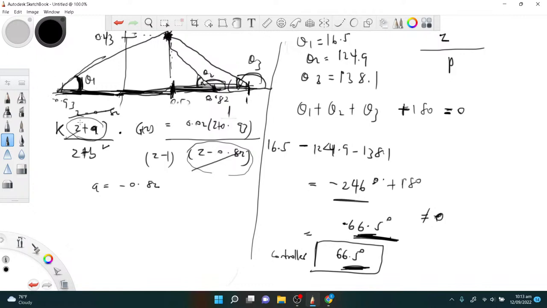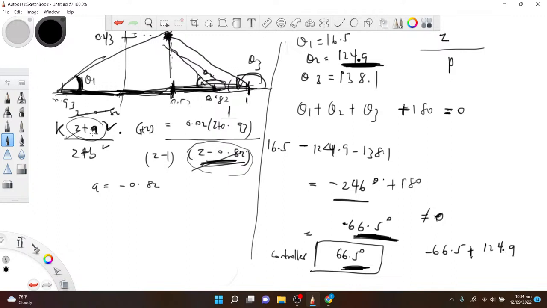When I introduce a 0 here, it will have an effect on this angle, because the angular contribution of this pole was 124.9, right? So now it's a 0. When I add this here, this angle becomes negative 66.5 plus 124.9.